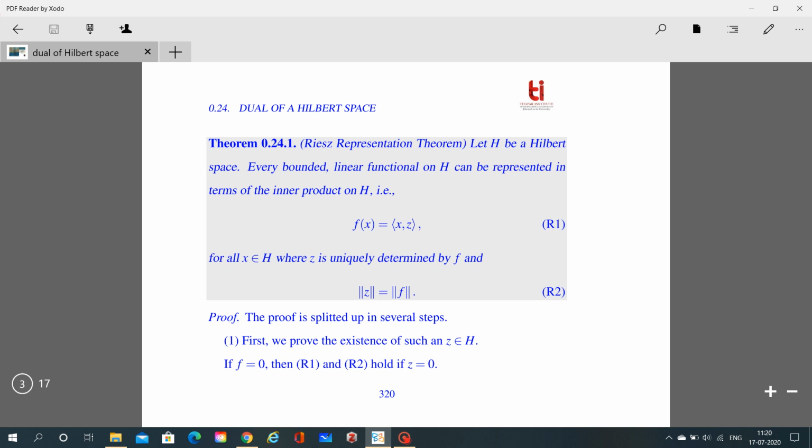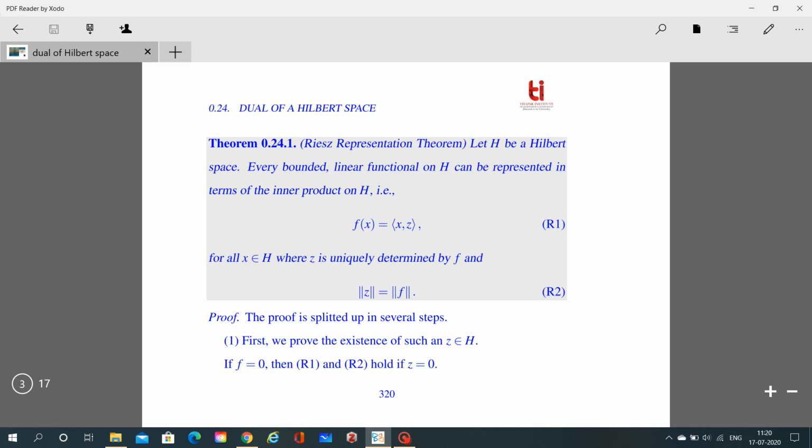Before we discuss the Riesz representation theorem, let H be a Hilbert space. Every bounded linear functional on H can be represented in terms of the inner product on H, that is f(x) = ⟨x, z⟩ for all x belonging to H, where z is uniquely determined by f and the norm of z is equal to the norm of f.